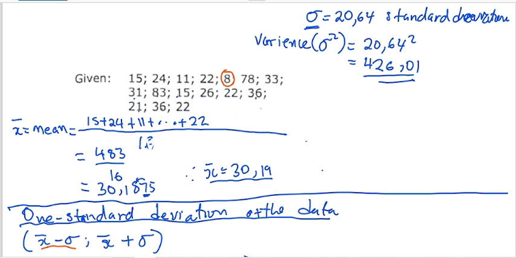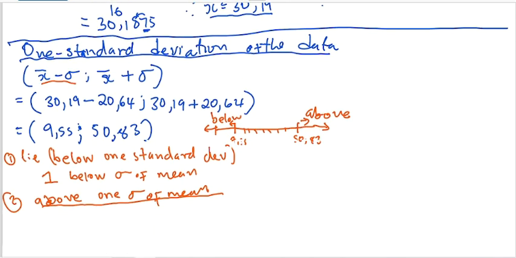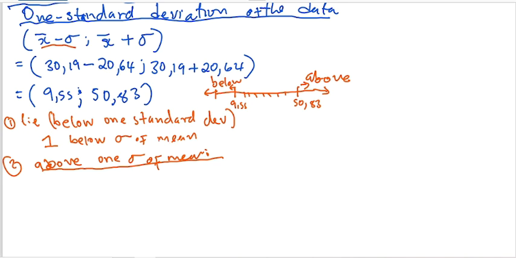This is above, count 1, and this is below. This is above, count 2, and this one is below. So there are only 2 that are above one standard deviation. So we write that only 2 data values are above one standard deviation of the mean.